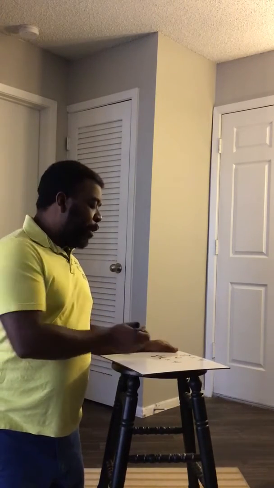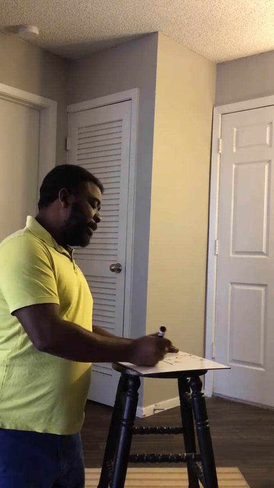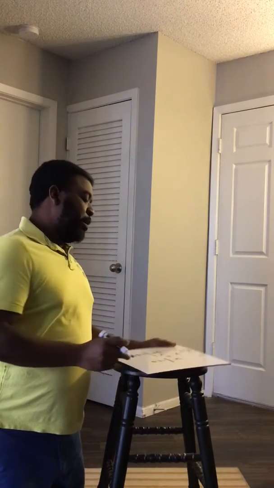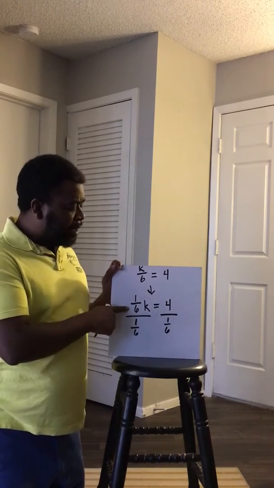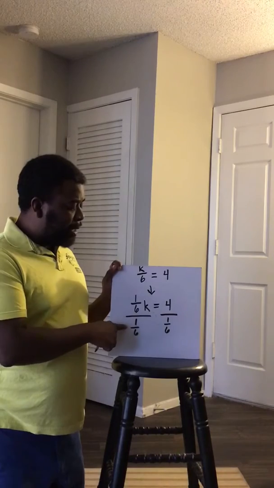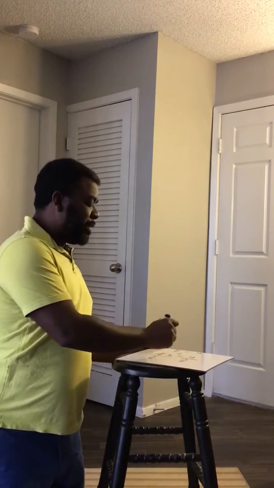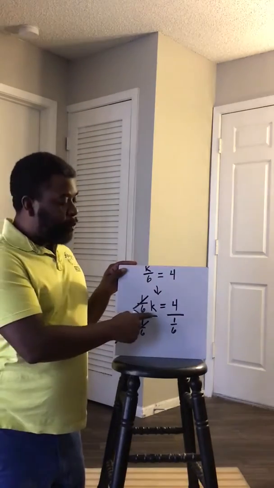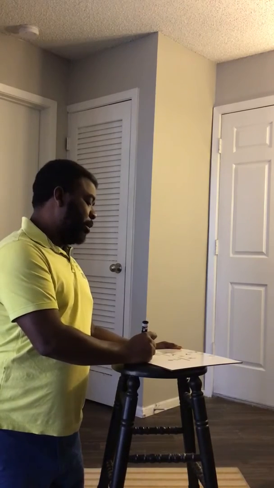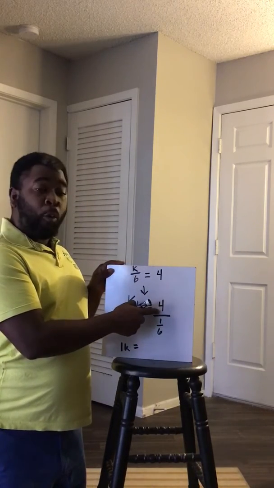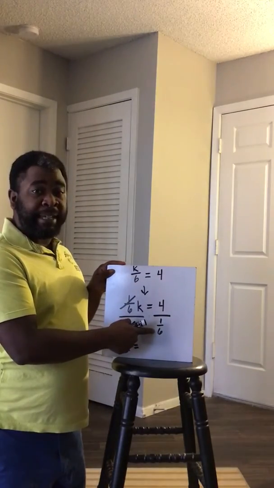So we would need to divide in order to figure out what k is. So if I divide both sides by 1/6, then I have a dividing fractions problem. Well, let's start easy. 1/6 goes into 1/6 one time. So those are easily going to cancel out, leaving me with just k, or 1k. But now I have 4 wholes divided by a fraction of 1/6.